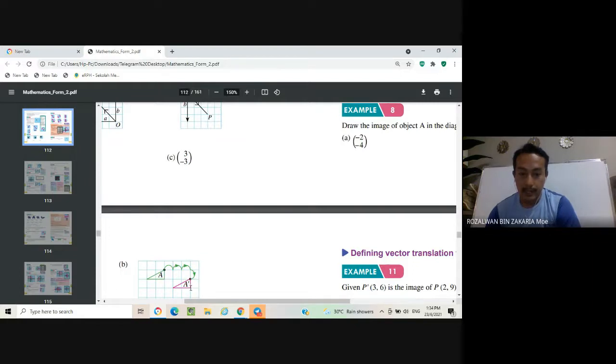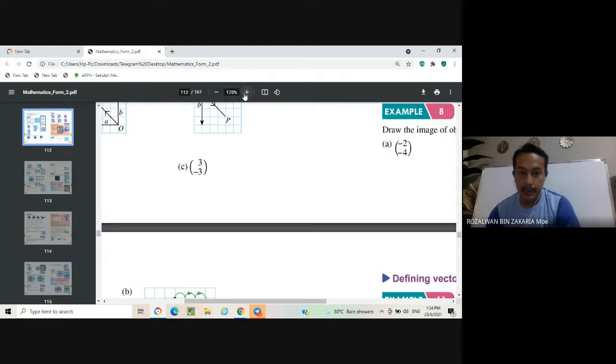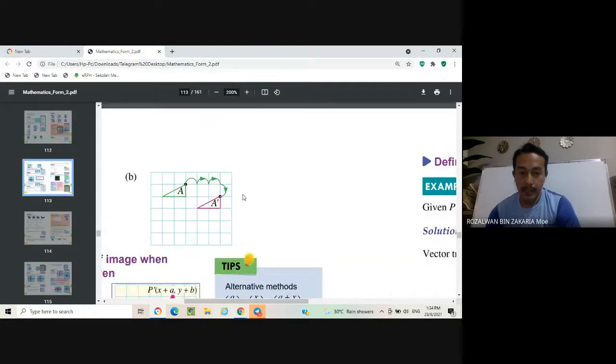Here is the image for that point. The last one, you have to move this point through the same translation. That means move to the right 3 units, 1, 2, 3, then move downward 1 unit because -1.